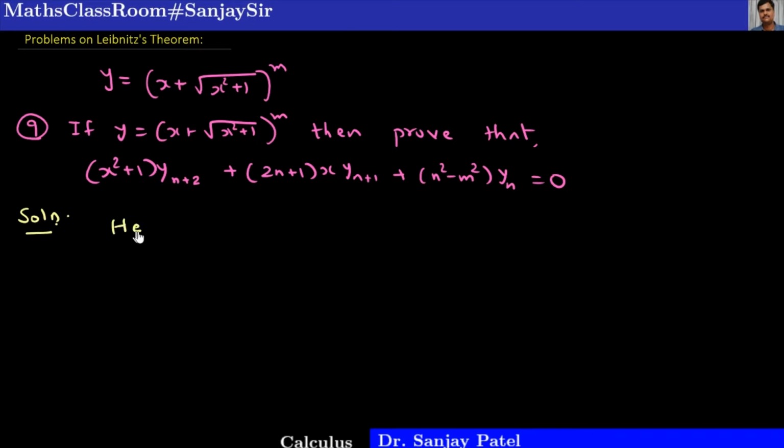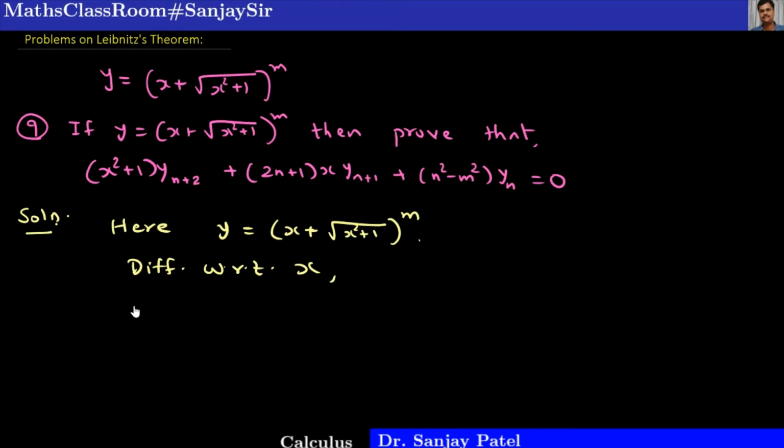Here we have the function y is equal to (x plus square root of x square plus 1) whole raised to m. Differentiating this with respect to x on both the sides, we get the first derivative y1. On the right hand side we have something raised to m, so its derivative is m times something raised to m minus 1.